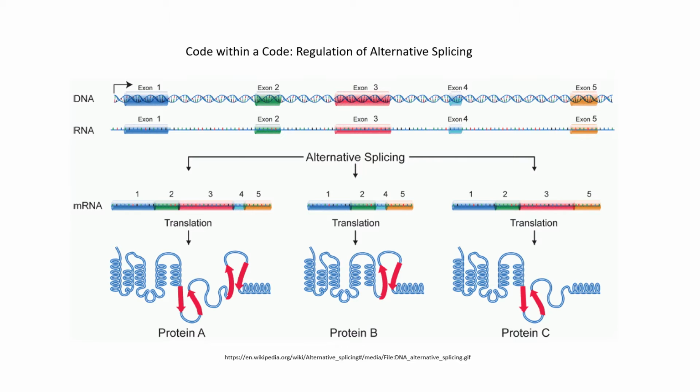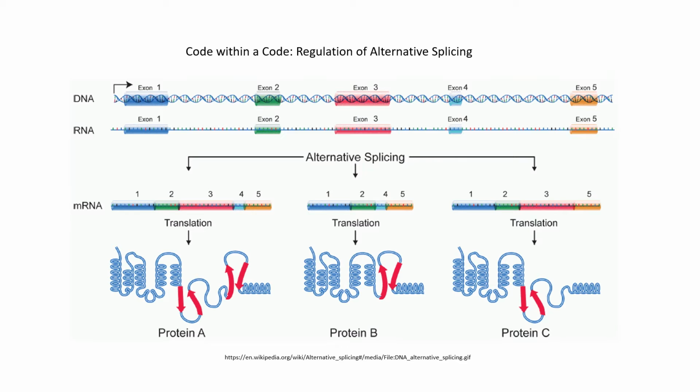So for example, the left-hand mRNA takes all of the exons, exon 1, exon 2, exon 3, exon 4, exon 5 that are color-coded, and makes an mRNA that then gets translated into protein A. But we can alternatively splice that same RNA by, for example, taking out exon 3. That will no longer be expressed.